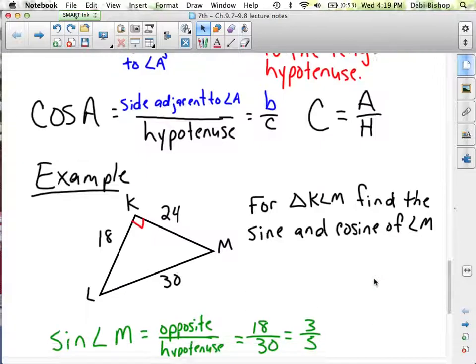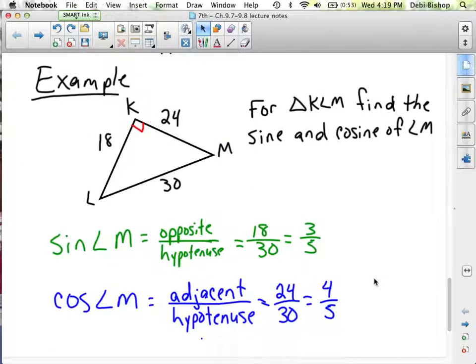So for example, here's our triangle, and they say for triangle KLM, find the sine and cosine of angle M. So I see my right triangle here, so I know that 30, or LM, is my hypotenuse, and then I have my two legs.